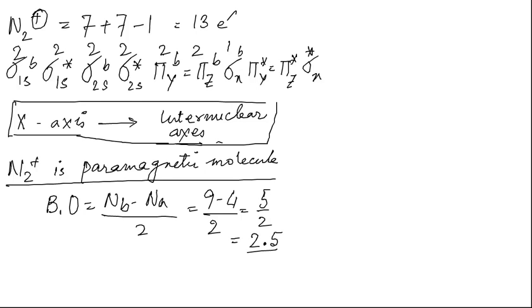After this we write down the configuration for N2 minus. In N2 minus there are 7 plus 7 plus 1, that is 15 electrons to be distributed.